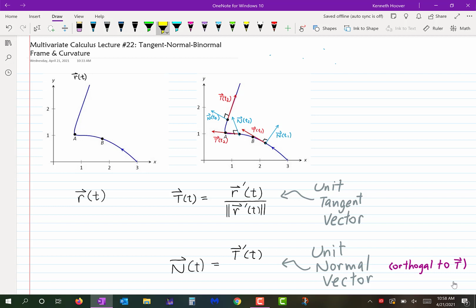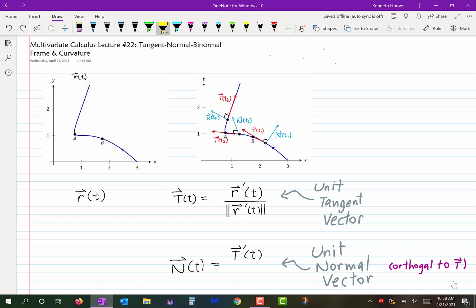It's called the unit tangent vector. Its length is always 1. Because the length is always 1, then the length's never changing. The length of the original function might be changing. But the length of the unit tangent vector is always 1, which means it's never changing, which means the derivative of capital T will always be orthogonal to capital T.